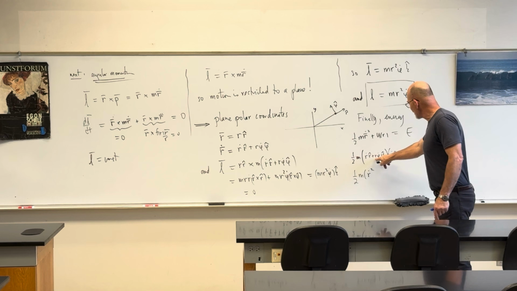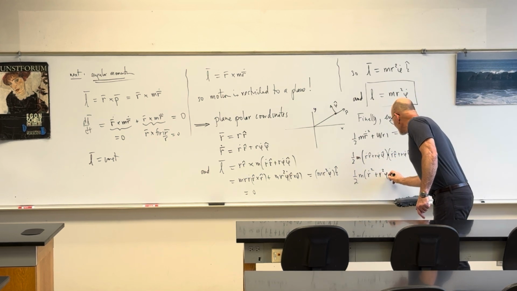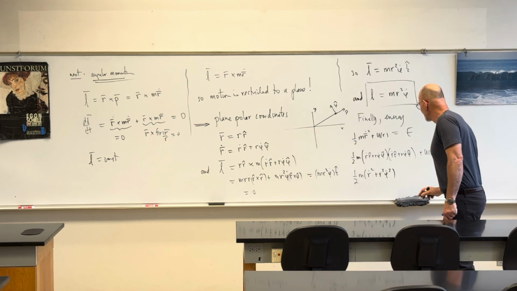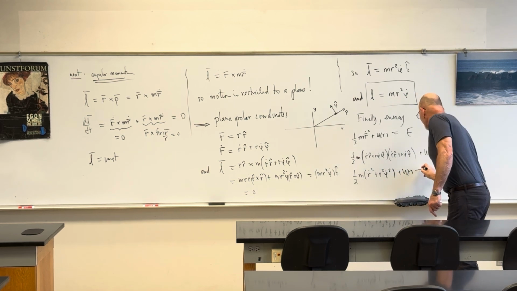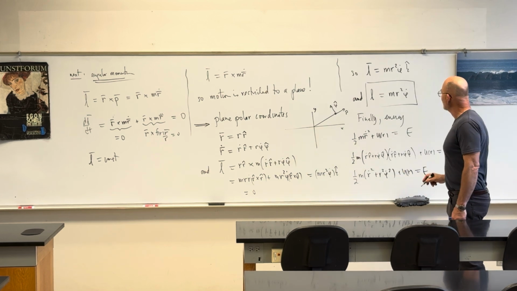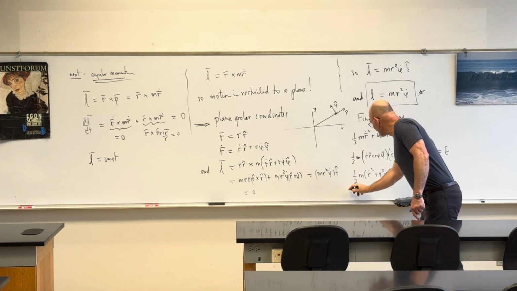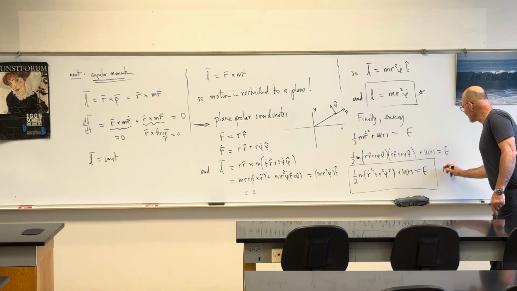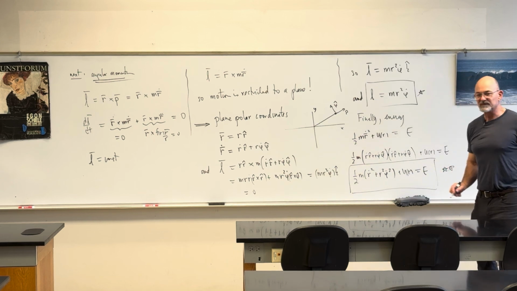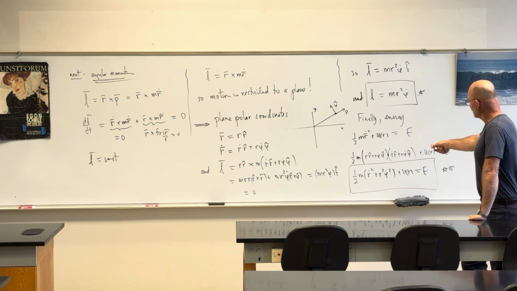The only one that's left is r phi dot and r phi dot, so plus r squared phi dot squared plus U of r is equal to E. So good, we got conserved angular momentum, conserved energy. It's the fact that we have conservation laws that allows us to solve the dynamic problems. So 1/2 m r dot squared plus r squared phi dot squared plus U of r is equal to E.